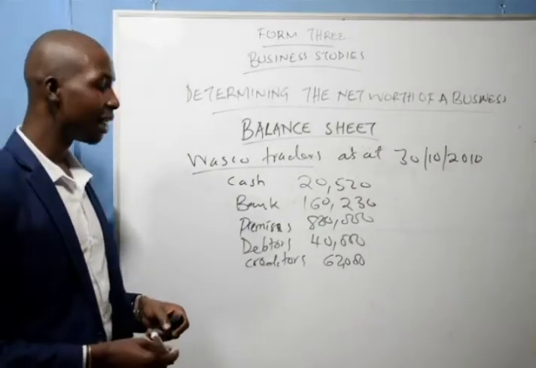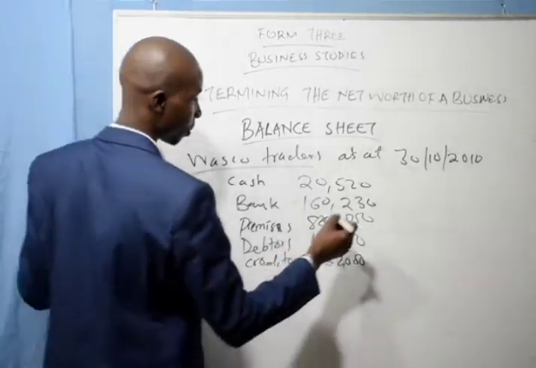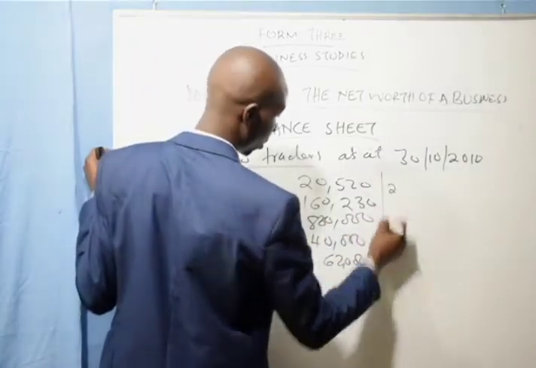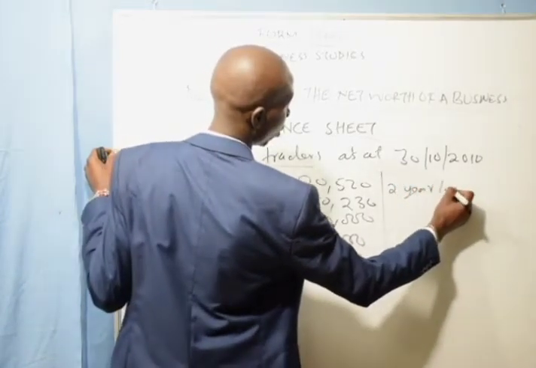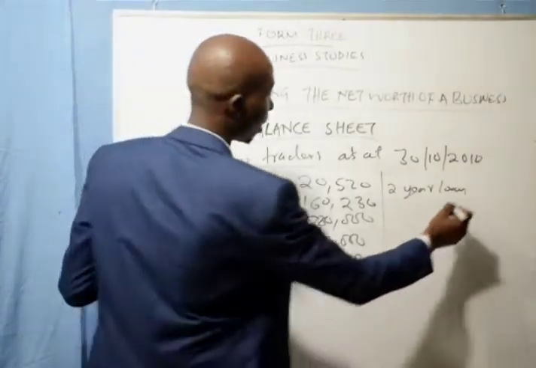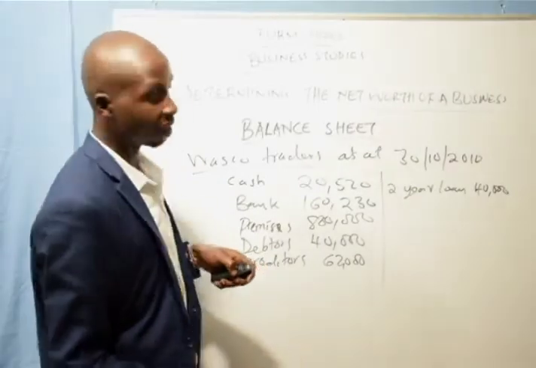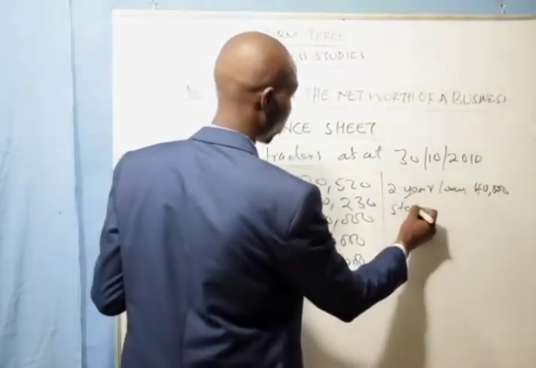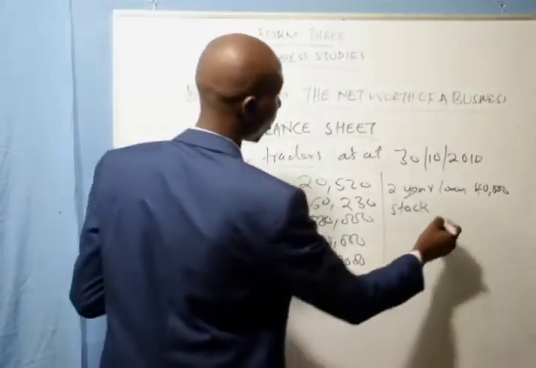Maybe I should add another liability, a 2-year loan, let it be 40,000. And lastly, let me have stock of 2,500.